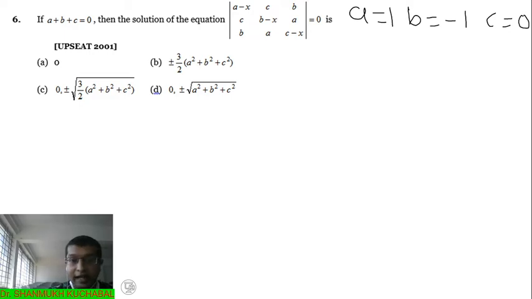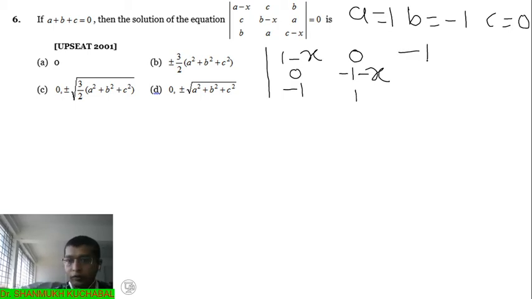So we get the determinant as 1 minus x, 0, minus 1. Next 0, minus 1 minus x, 1. Next minus 1, 1, minus x. This is equal to 0, as given.